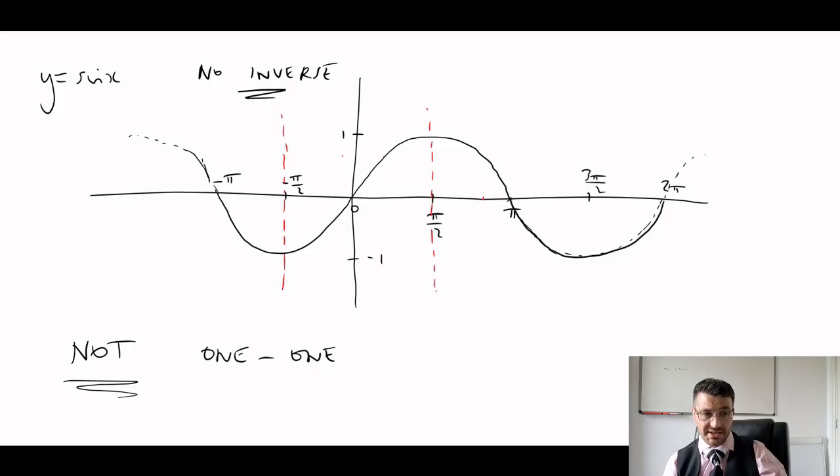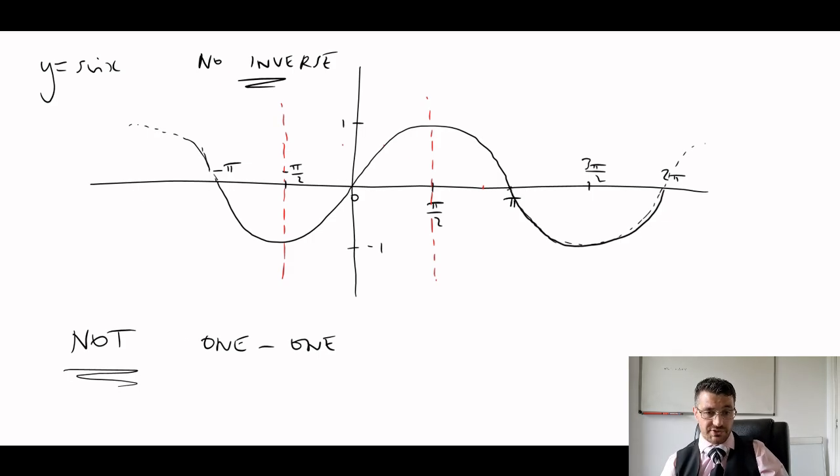So in a sense, this interval minus pi by 2 to pi by 2, if I restrict sine x between those values, the function is 1 to 1, but it's kind of maximal, because if I go any further, then the restriction is not sufficient to make the function a 1 to 1 function.